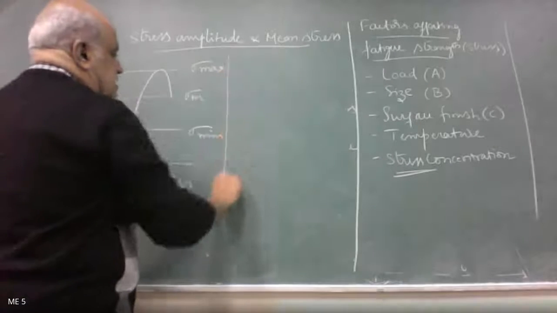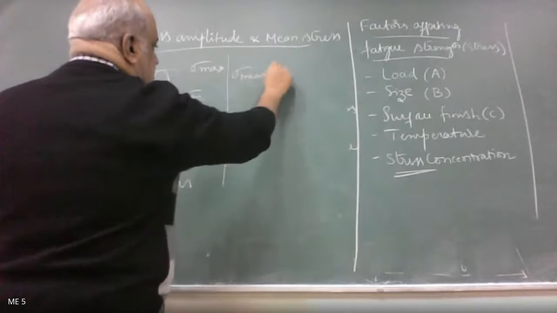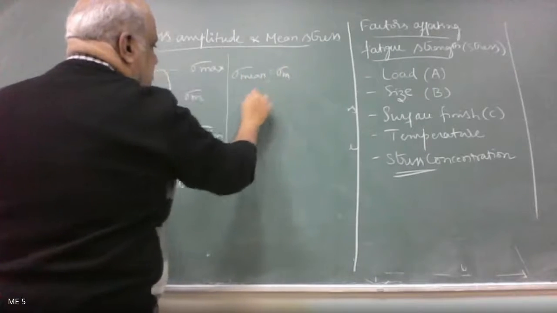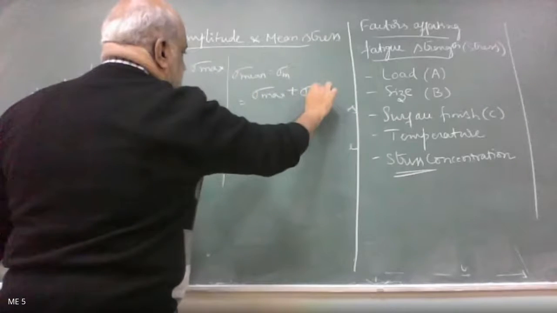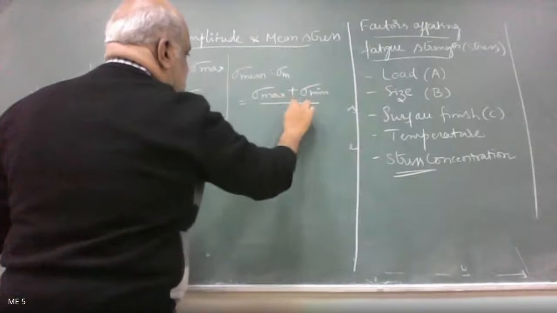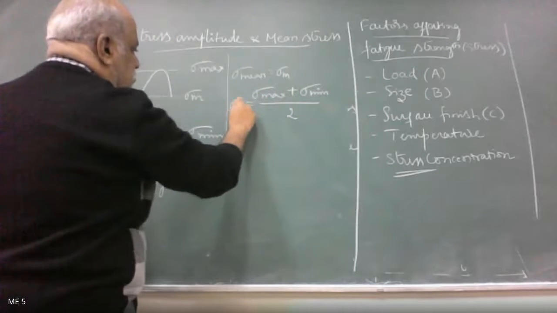So the mean stress, that is sigma m, is equal to sigma max plus sigma minimum divided by 2. That will give you the mean stress.